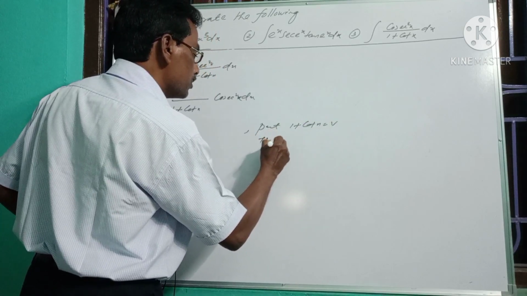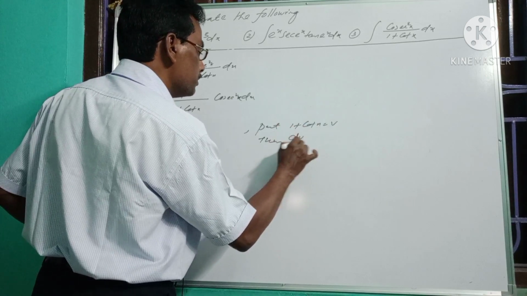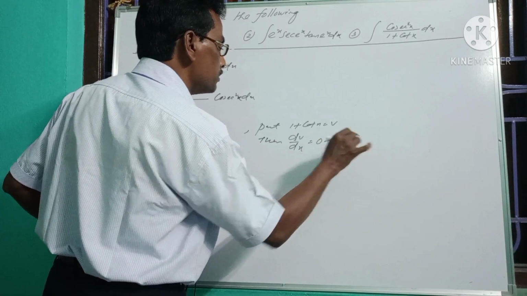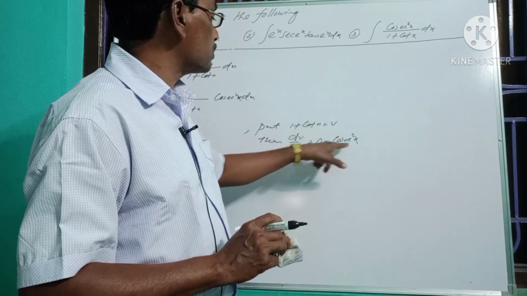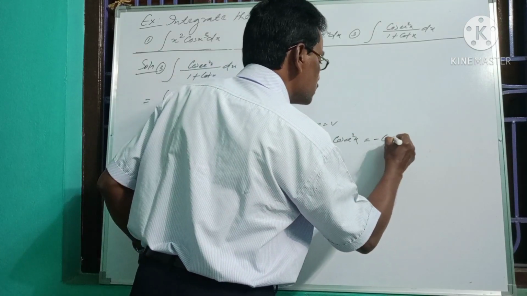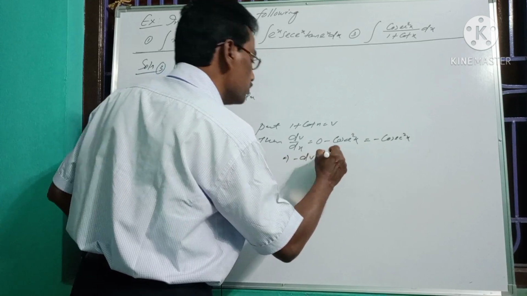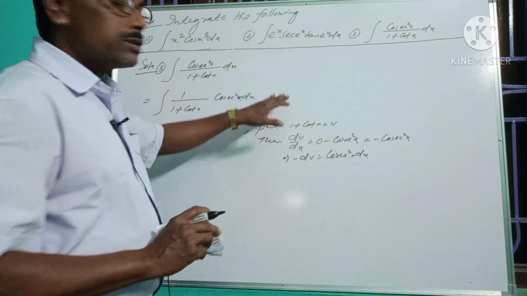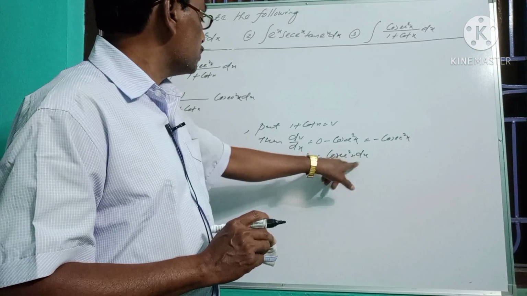Then v is a function of x, so differentiating v with respect to x, we have dv by dx is equal to 0 minus cos square x, because the derivative of 1 is 0 and the derivative of cot x with respect to x is equal to minus cos square x. So simplifying, we have dv by dx is equal to minus cos square x. Again simplifying, we get minus dv is equal to cos square x into dx. So after substitution and differentiation, we find that cos square x dx is equal to minus dv.